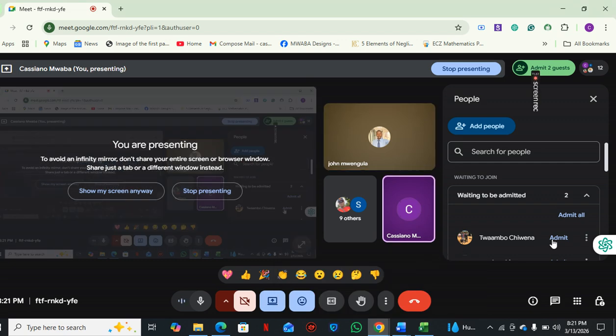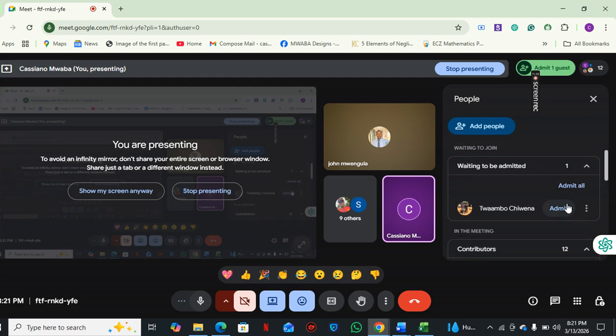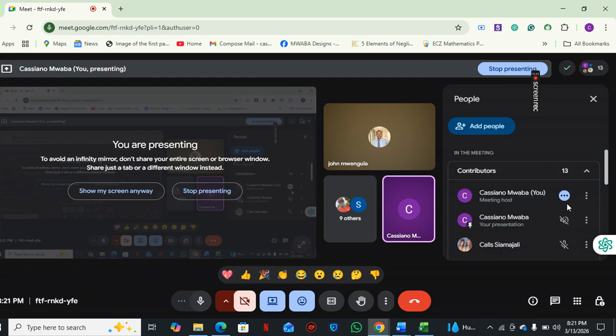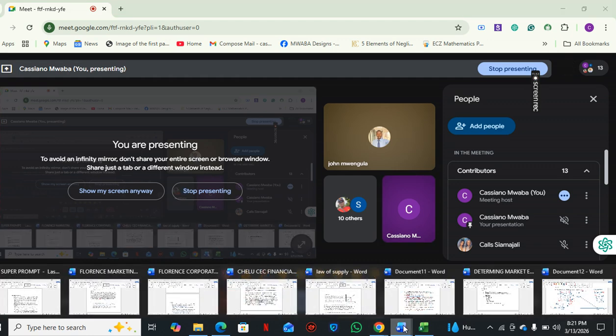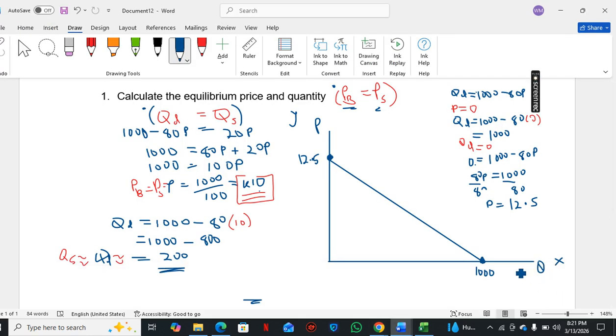Guess that was making noise. Are there any questions? Questions and queries. This is how you draw your demand function.